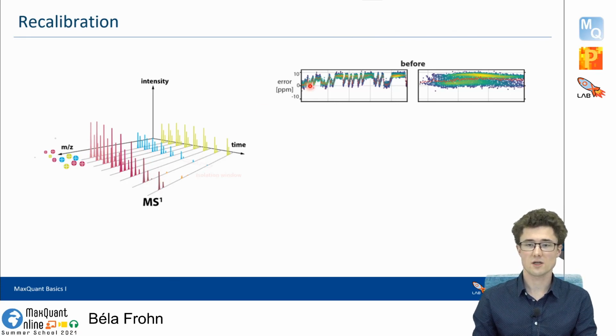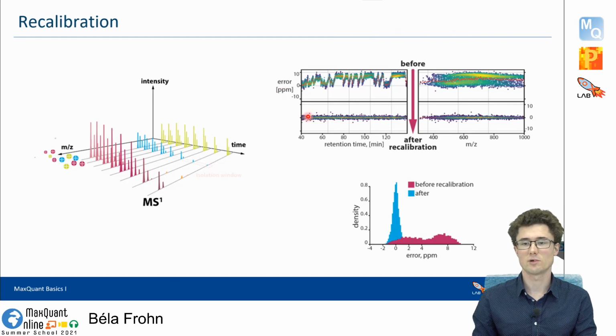And we can see the effect on the error if we plot the same again after the recalibration, and we can see that there is basically no systematic error anymore. So the blue one is afterwards. The error is centered nicely at 0 and more or less Gaussian.